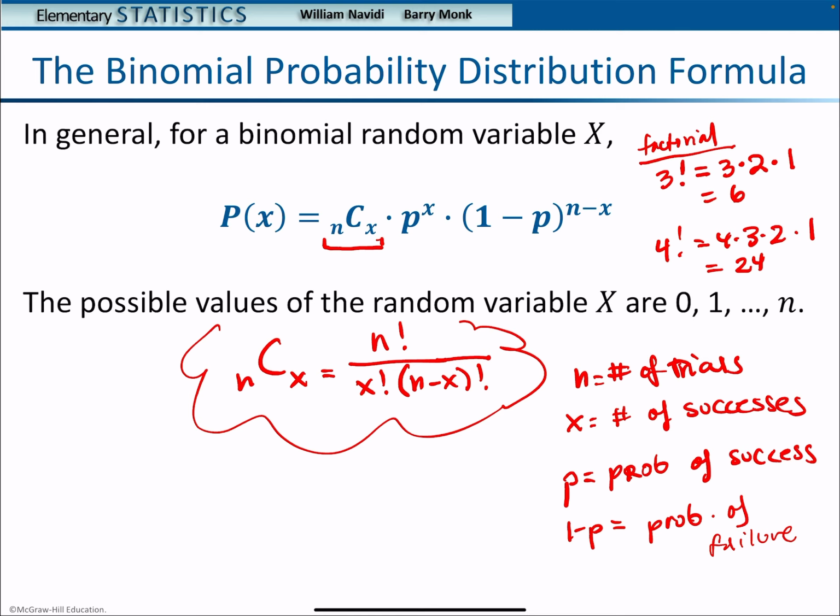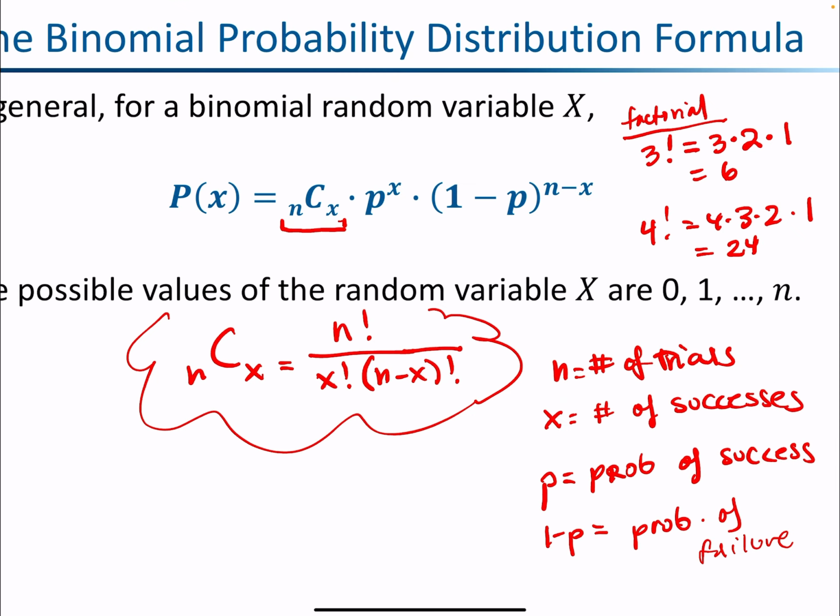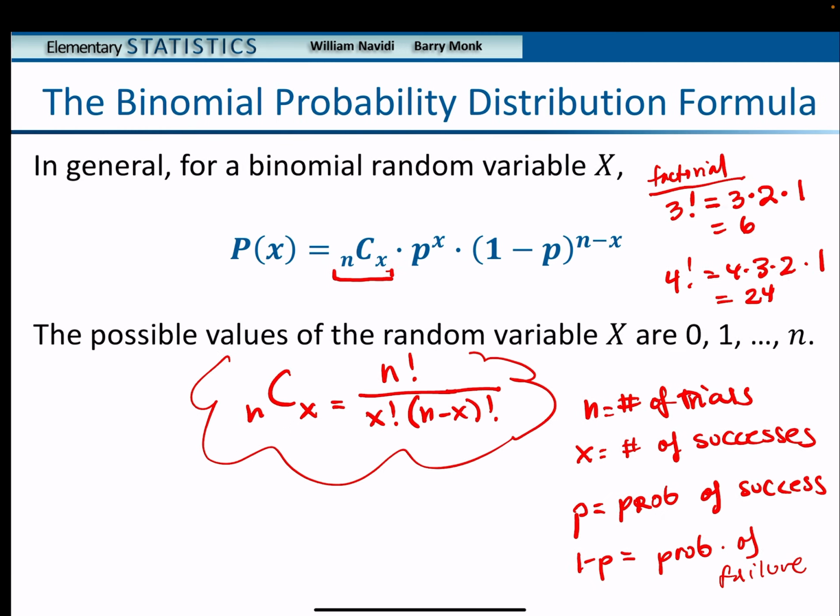The second way includes tables. And then the third way, which is the one that you probably will stick with, has to do with using the calculator. In the end, yes, you will learn the easiest calculator method, and yes, it's okay to use that throughout the course. But we do need to go through this at least once so that you know how to do it. Okay, let's continue.